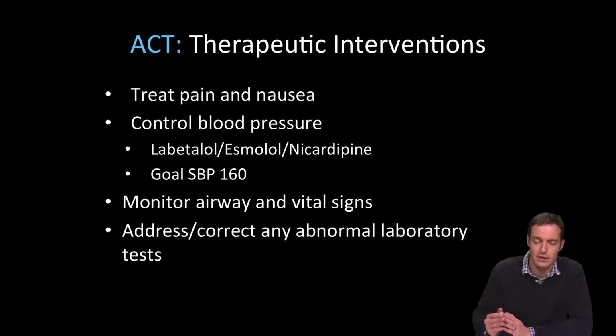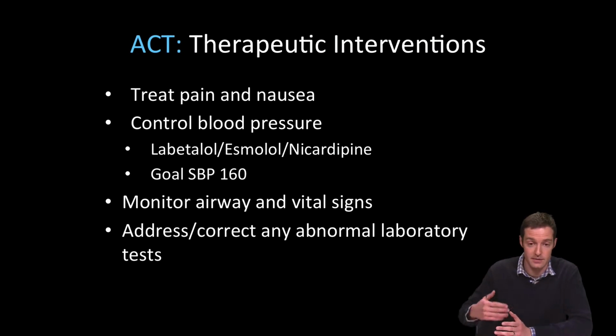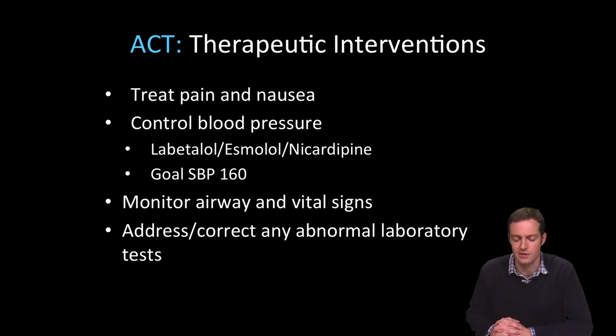That lowered blood pressure is somewhat protective against further bleeding and rupture, although lowering it too much can reduce the perfusion, the blood flow to the rest of the brain, and can also cause damage. So a good target is sort of a mid-range goal of hypertension, which is a goal of systolic blood pressure of 160 millimeters of mercury.